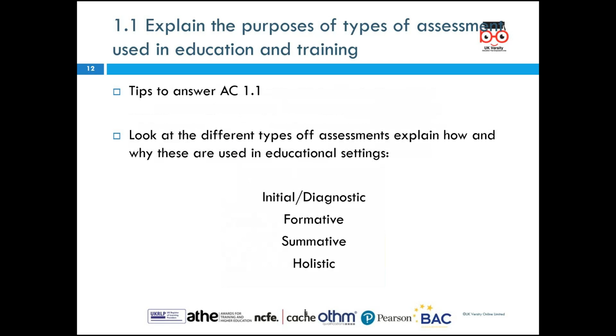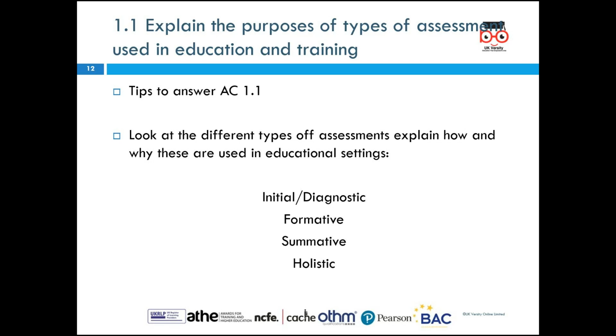So that was 1.1. On here, when you want to answer this, just look at the different types of assessments and explain how and why these are used in educational settings. So talk about initial and diagnostic; you can bunch them together. Do formative, summative, and holistic. I just want you to have a paragraph for each one, and then put a couple of sentences of examples.